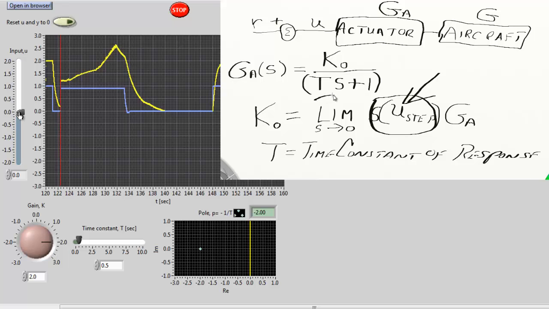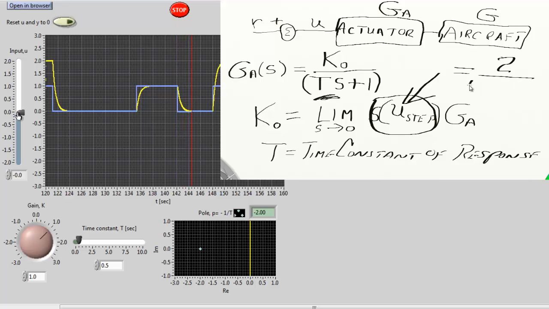Ts is the time constant, and that's how fast the system will get to 63% of its final value, or 1 over e, where e is the natural log base. So if the time constant is large, suppose we had a value of 2 over 5s plus 1.